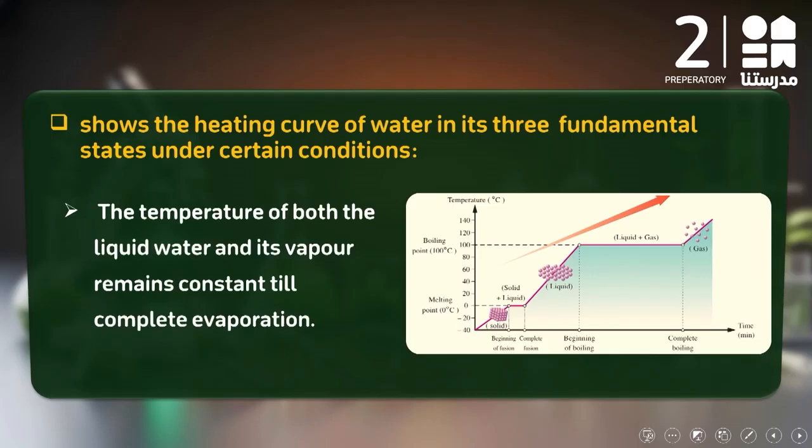The temperature of both liquid water and its vapor remains constant until complete evaporation. So melting goes gradually, boiling goes gradually.